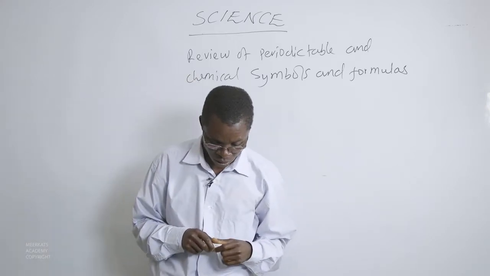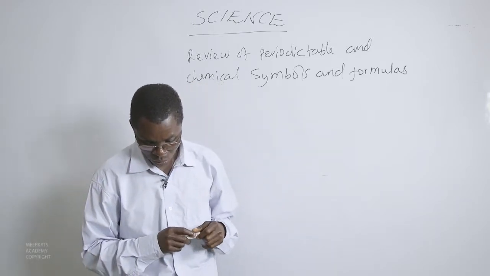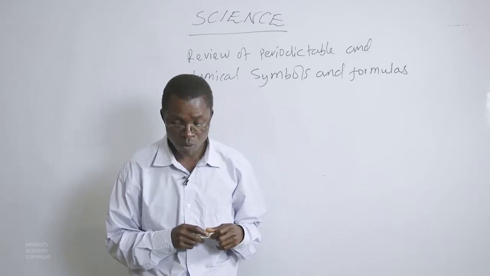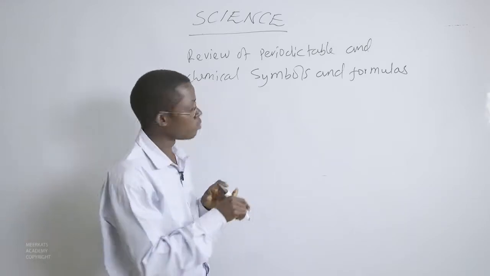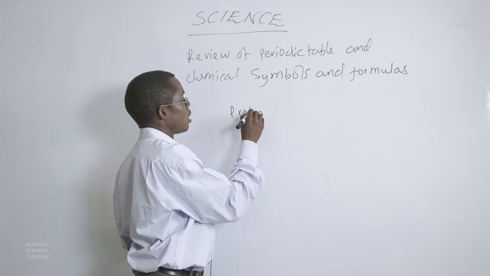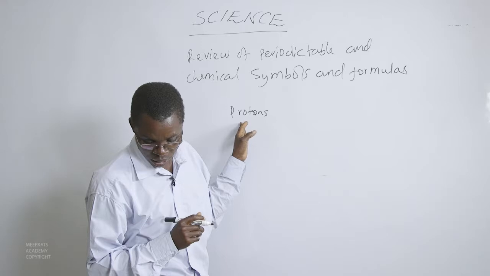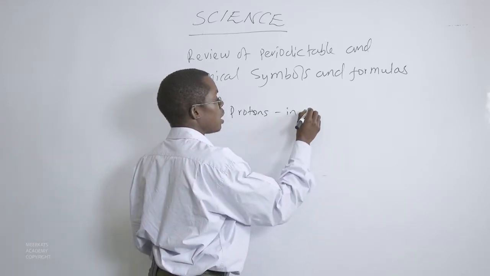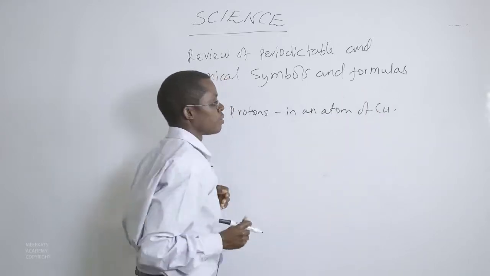So let's start off with the first question, and the question reads, how many protons are in the nucleus of each atom of copper? So the question is about the number of protons that are present in each atom of copper.